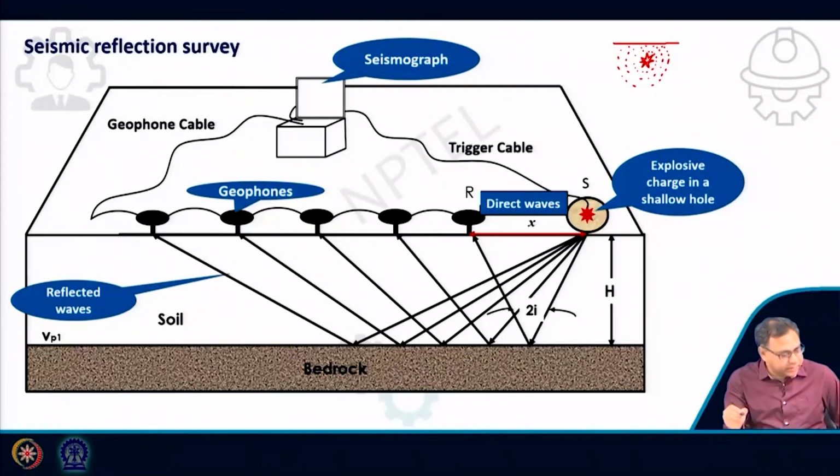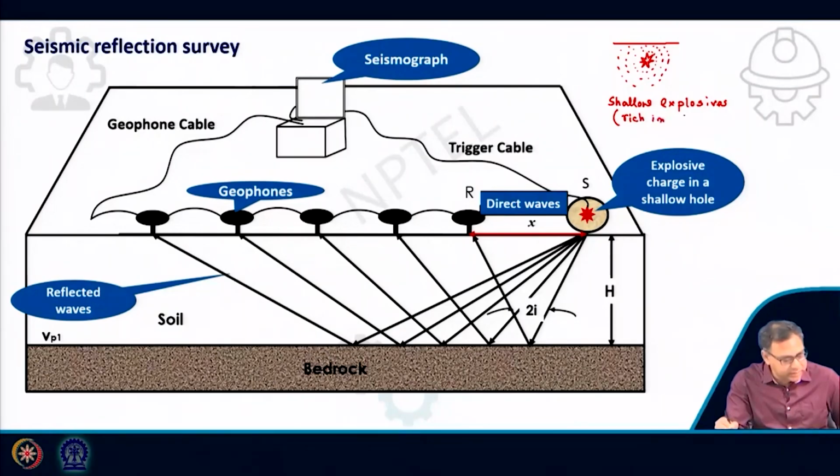Okay. Now, this type of generation, this is my ground surface and we will do a very shallow explosion. So, this is shallow explosives, which is rich in P wave content.